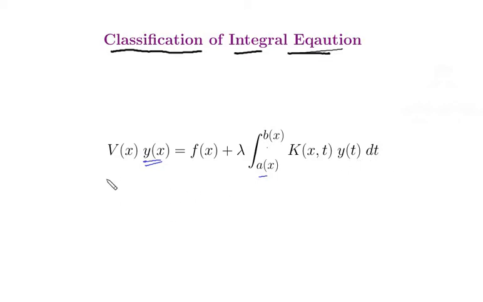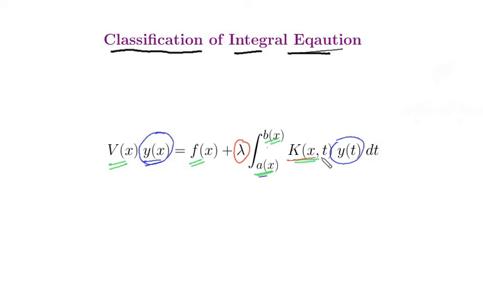So in this case, the functions v(x), f(x), a(x), b(x), K(x,t) are all known functions of x, and y of x is the unknown function, and this lambda is a real or complex constant.